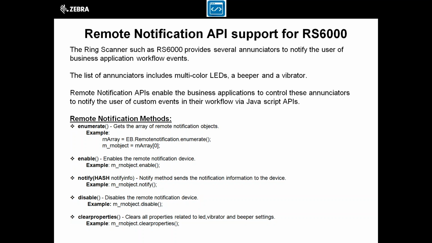So we have several methods like enumerate, enable, notify, disable, clear properties. These methods can be used for getting the remote notification object which is present in the device, and then you can enable the respective notification object using the enable method, and then invoke the notify method for notifying the particular external scanner or external Bluetooth hardware.